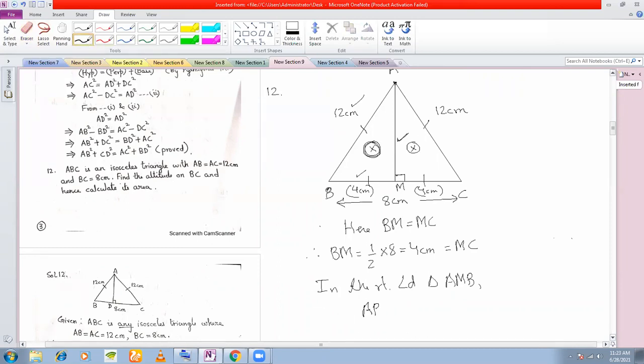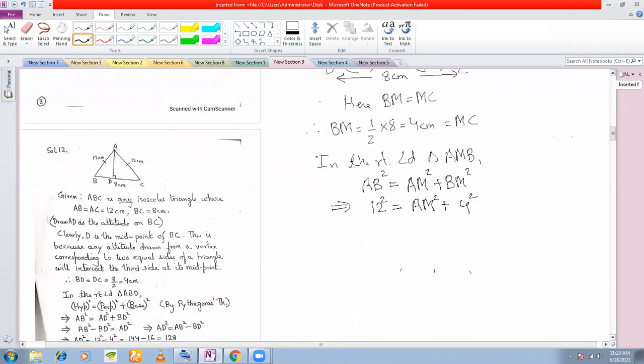AB square is equal to perpendicular here, AM, plus base here, BM, squared. And what are the lengths that we know? AB we know as 12. So put it 12. AM we have to find out. Let's put it as AM only. And BM is 4.